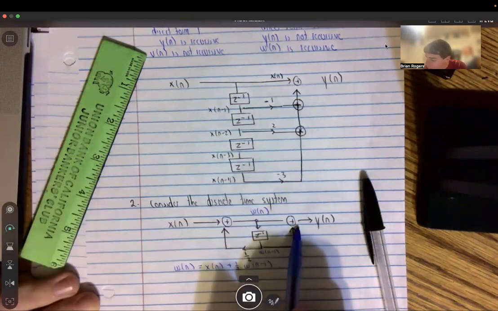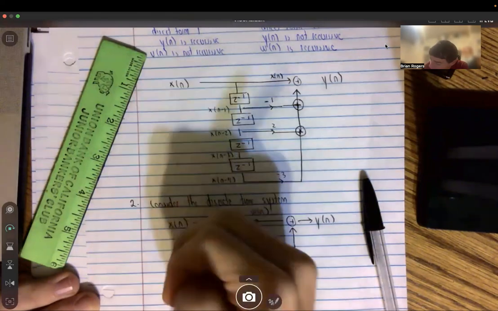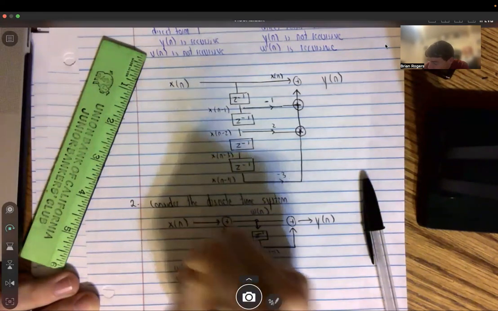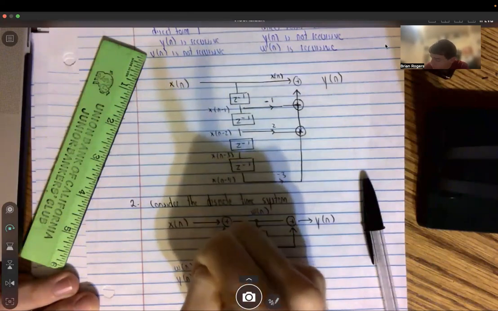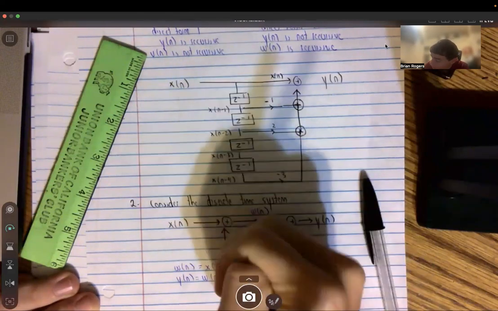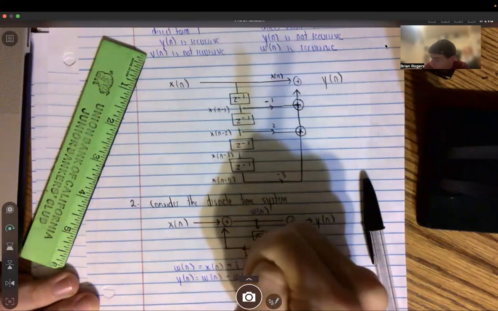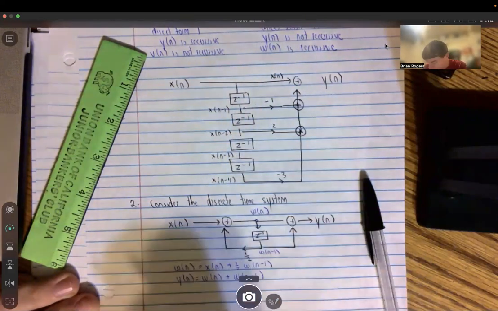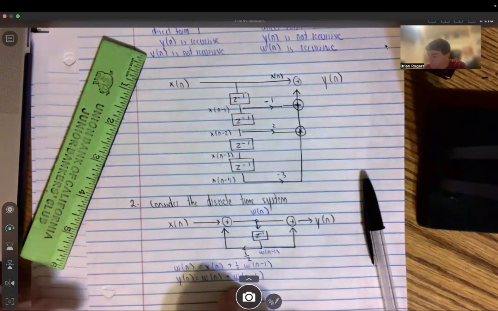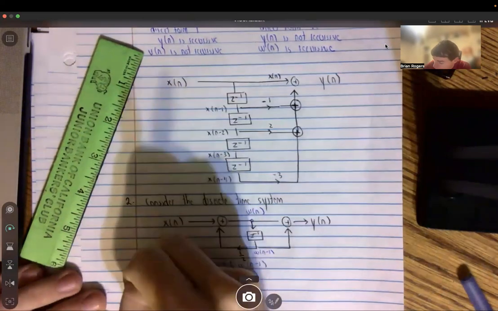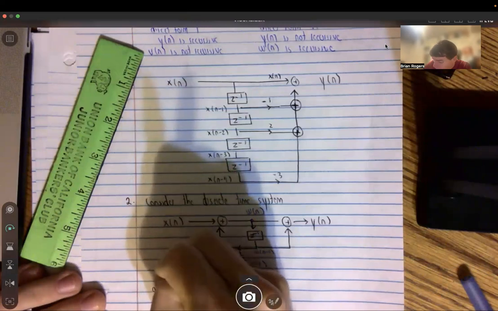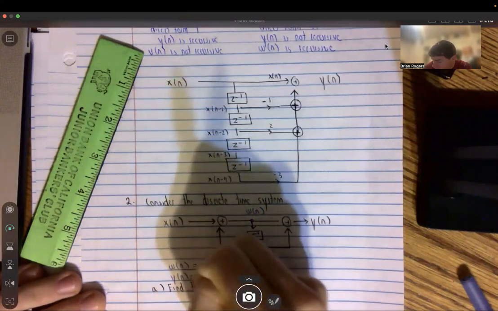And then my output, y of n, is going to equal, well, omega n is one of the inputs here, and then omega n minus 1 is the other one. Okay, so from this, we want to find the input-output relation.